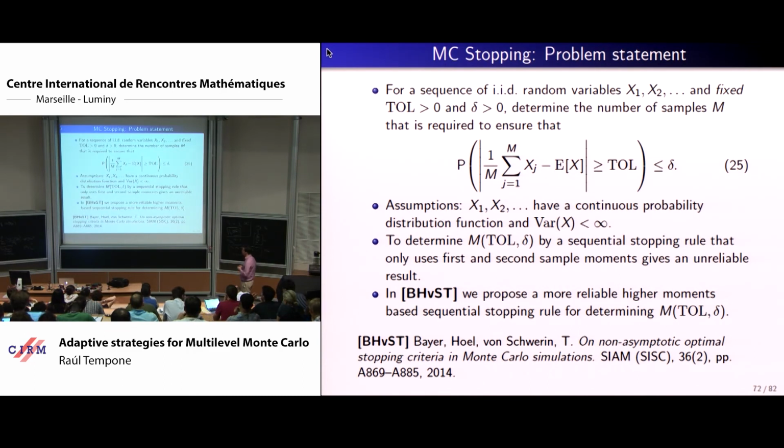It may not be so reliable when you have X that has slowly decaying densities, essentially heavy tails. So for that reason, we provided a rule that is a little bit more robust and essentially combines the central limit type of approximation with other types of bounds.